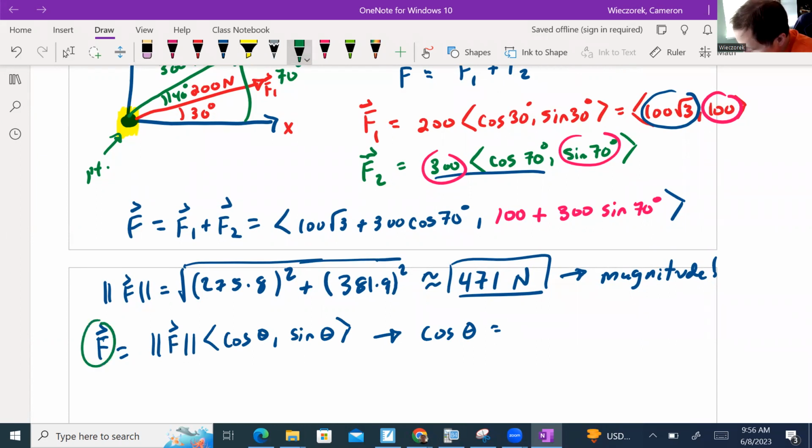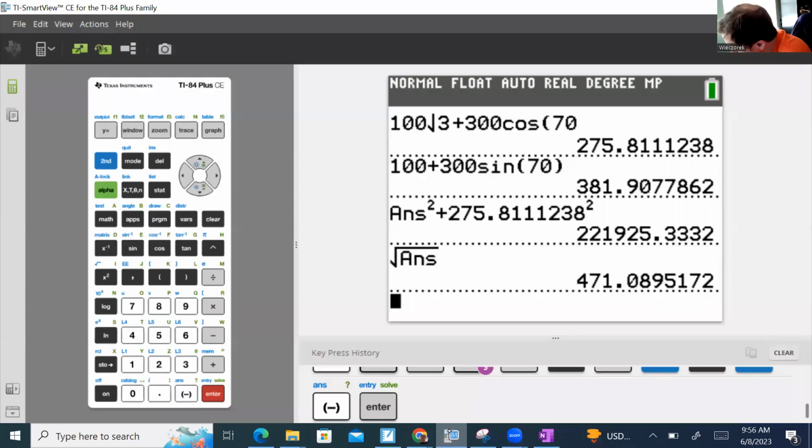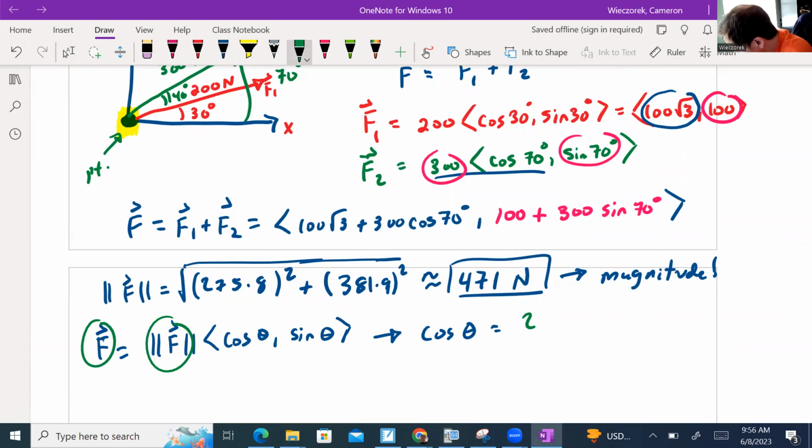I could take the x component of the final force and divide it by the magnitude. So the x component of the final force was, is that 275.8? Divided by the magnitude of the force we just found was 471 newtons. Make sure you're using the full decimals from the calculator.